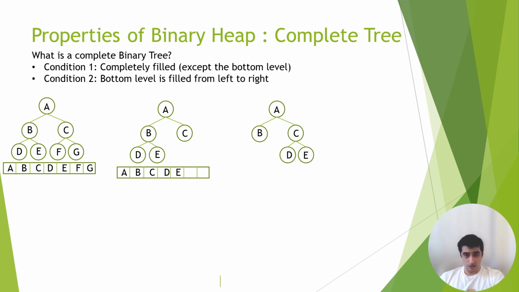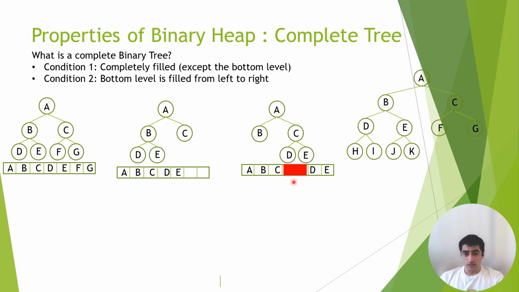Is this a complete binary tree? The answer is no, because if you want to use the formula I told you in the previous slide to place all the elements in a single array, there will be two empty cells. These two red cells are empty. So there's a gap in the linear representation, so it's not a complete binary tree. Same for this.